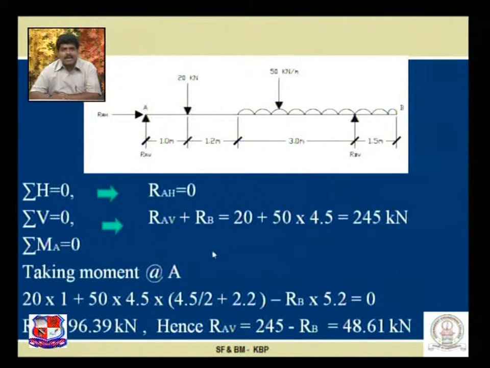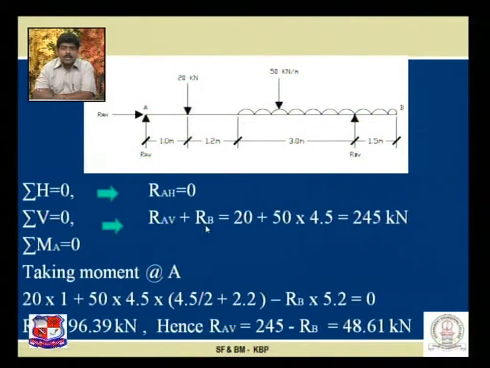And we got RAV plus RB is equal to 245 kilonewton. As we discussed earlier, sigma V is equal to 0 gives an equation which correlates these two reactions.